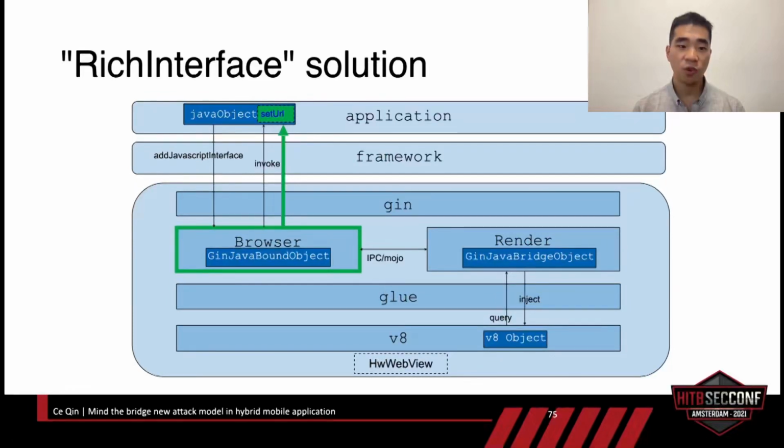Rich interface will do another explicit JNI call to transfer the URL, so the verification can get correct data. The only change the application needs is to add a setURL JavaScript interface in the Java object to receive the message. The time window between setURL and the actual JavaScript interface call is small enough to be ignored.